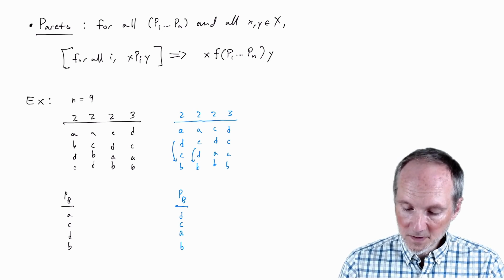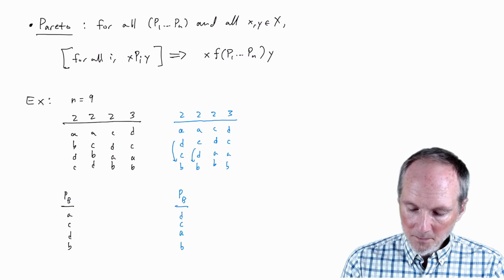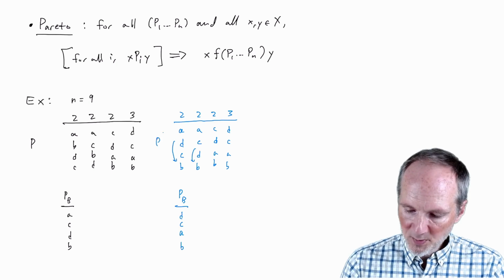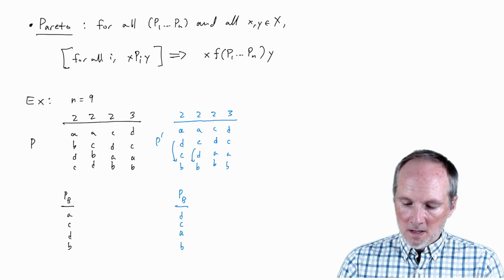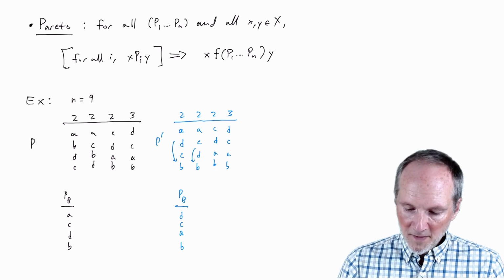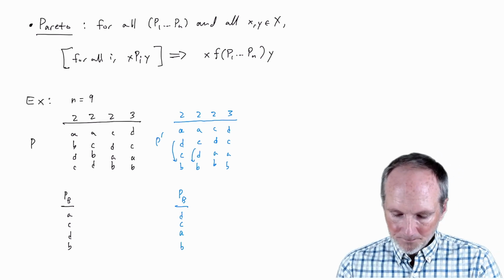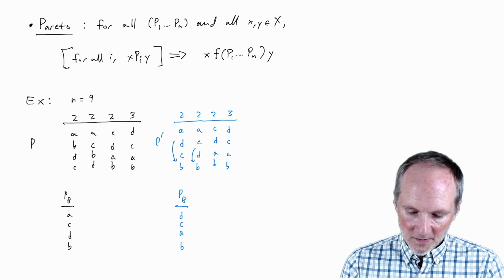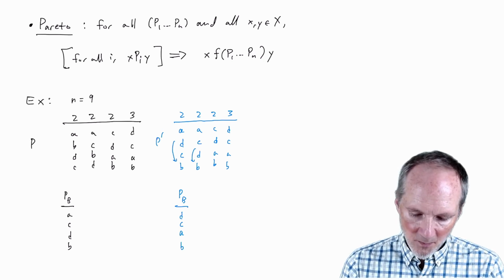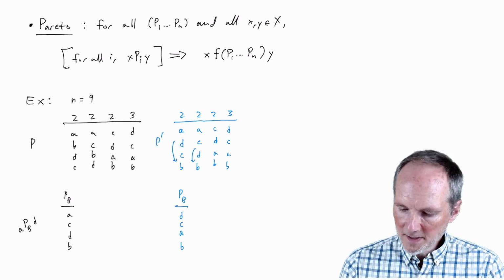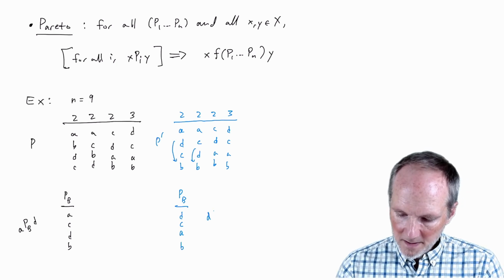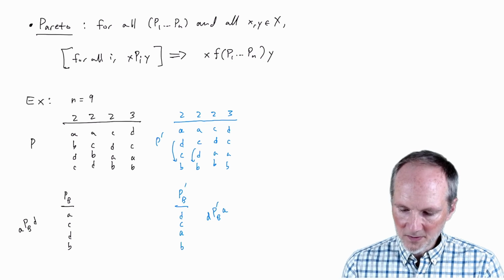Let's call the first profile our P profile, and the second one is our P prime profile. In the first profile, we get a preference reversal here, right? In the first profile, A beats D. In the second profile, D beats A.